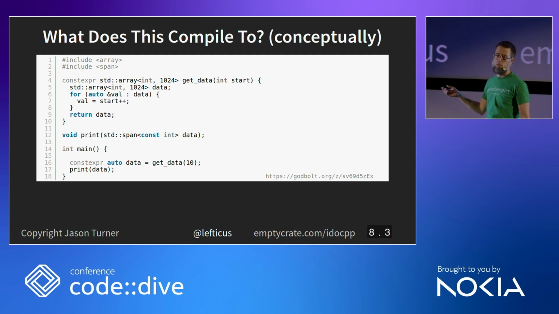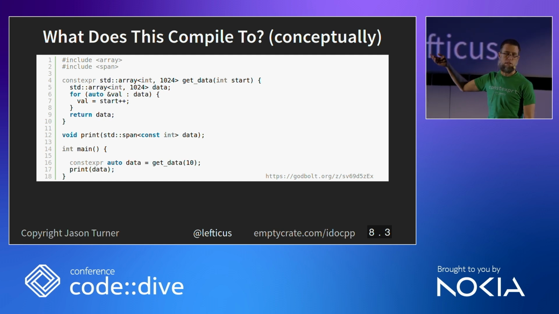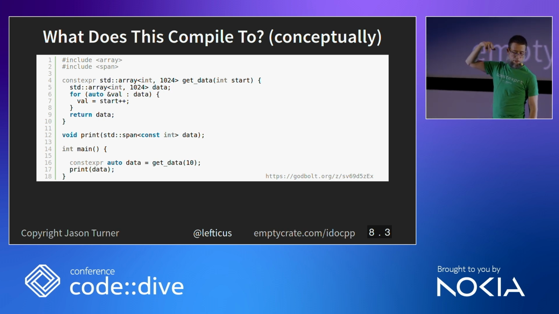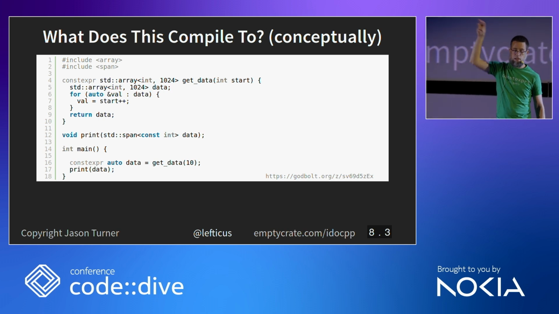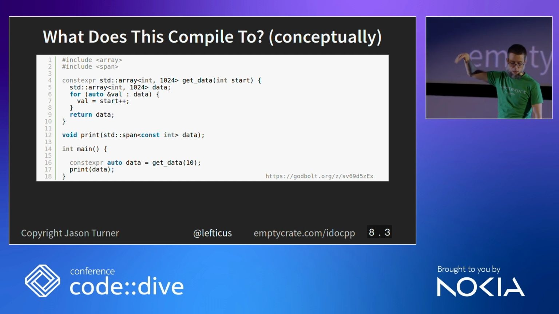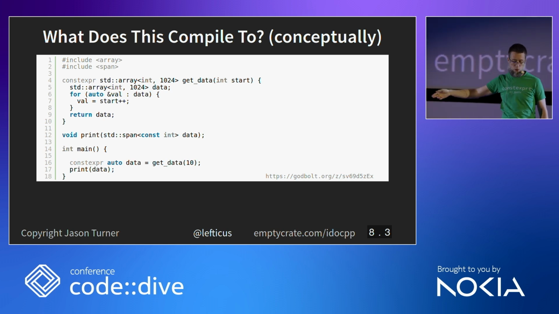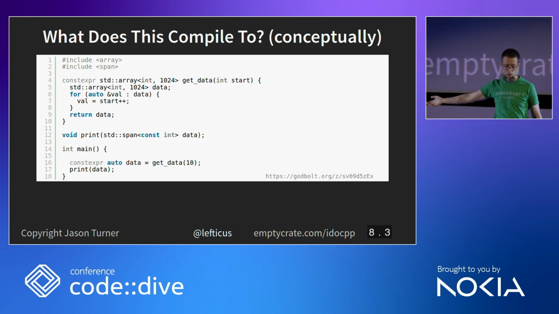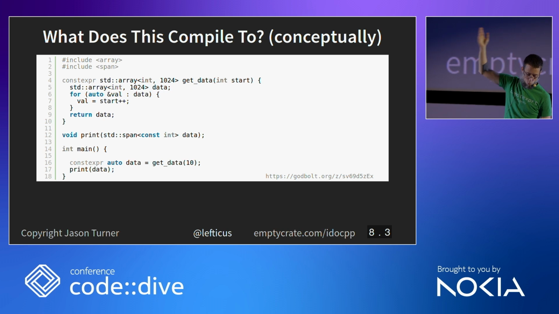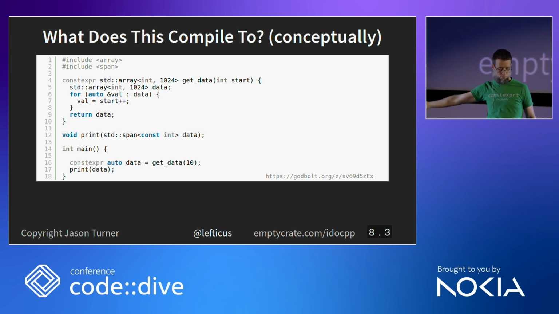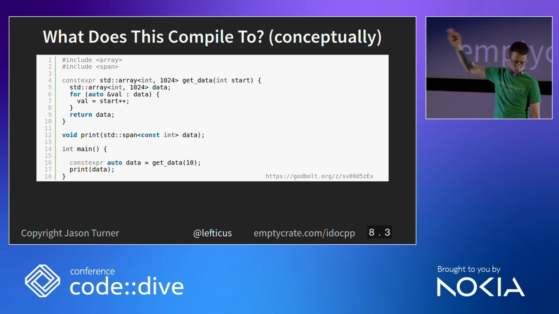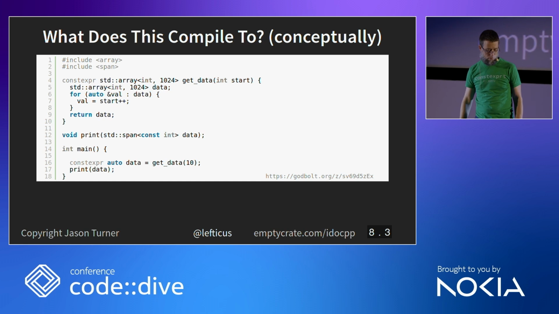You have to be really careful when you say const ints, because it just sounds like constants. And in main, I have a constexpr auto data equals get data. Get data is just filling this array, 1,024 integers starting at the value 10. And so I'm going to get 10 through 2033. Did I do that right?